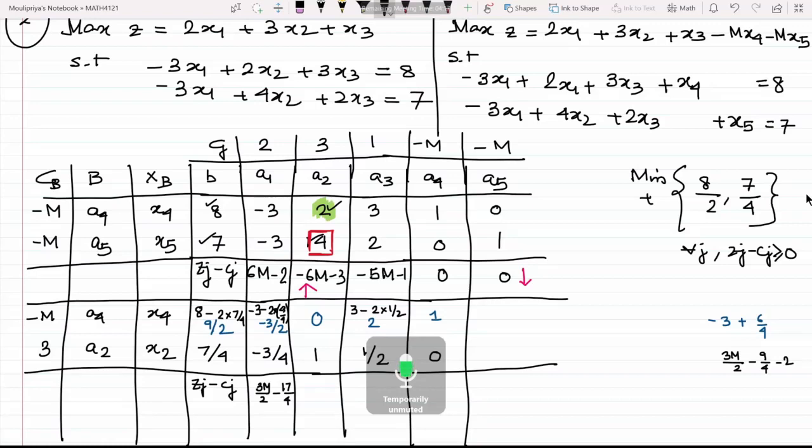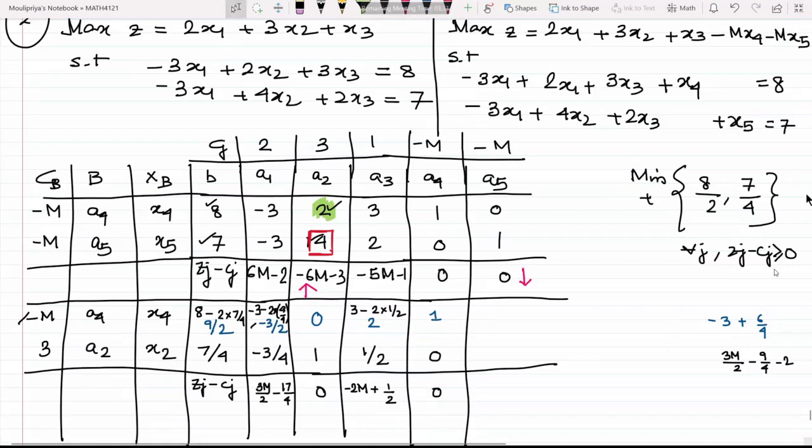Minus m into minus 3 by 2, that is plus 3m by 2. Okay. Second, Z2 minus C2 would be 3 minus 3, which is 0. What about Z3 minus C3? It's 2 into minus m, and here you have minus 2m plus 3 by 2 minus 1 plus half. Then you have 0. Are we okay with this?